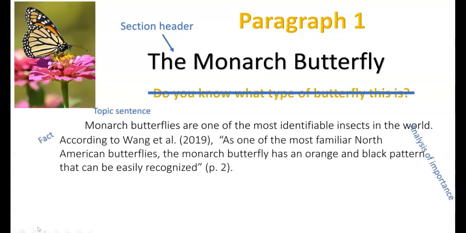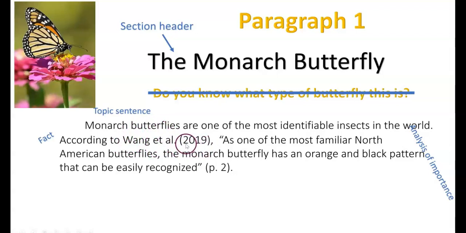According to Wang et al., 2019, "as one of the most familiar North American butterflies, the monarch butterfly has an orange and black pattern that can be easily recognized," page 2. This is a fact. We are stating that it comes from Wang et al. because there's more than 2 authors.